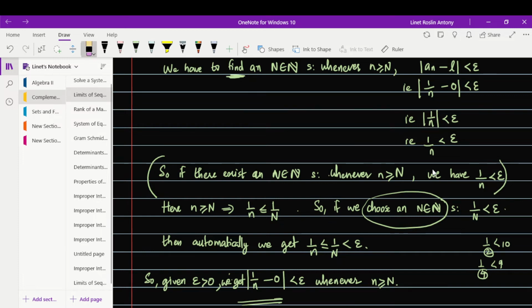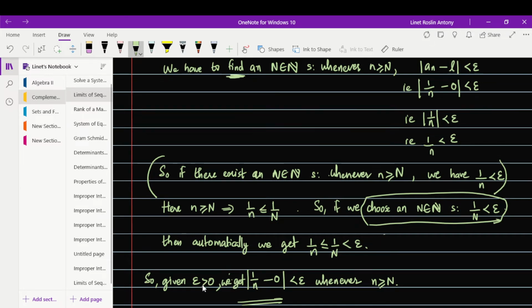That is always possible. Then automatically we get 1 by small n is less than or equal to 1 by capital N, which is strictly less than epsilon. So what we need is to choose a capital N such that 1 by capital N is strictly less than epsilon. If we do so, we will end up getting what we want.